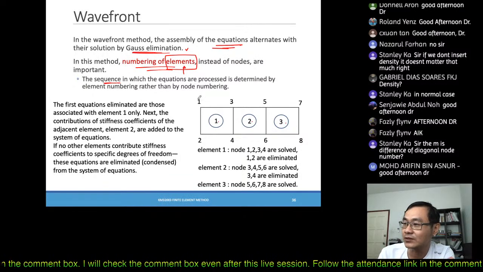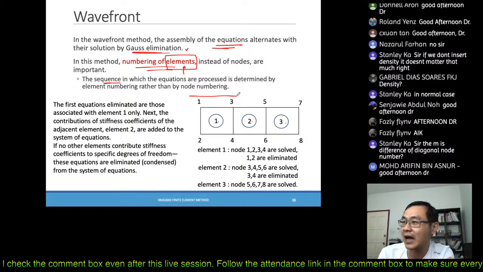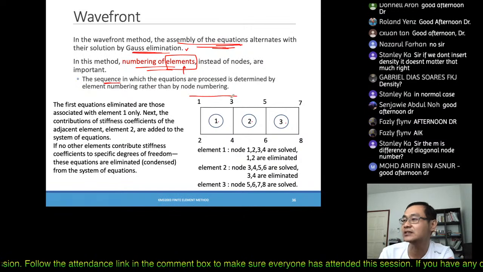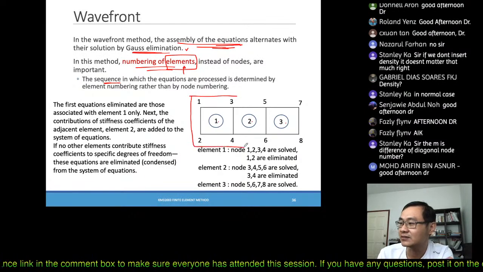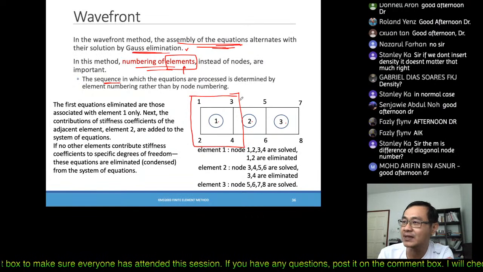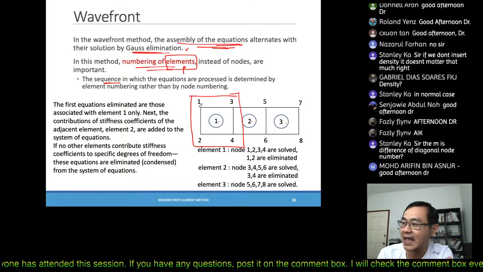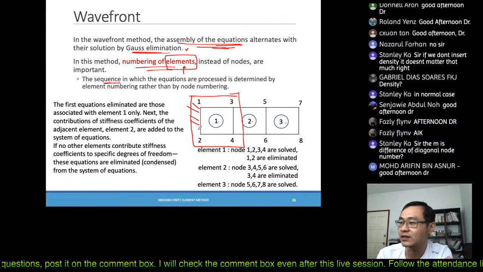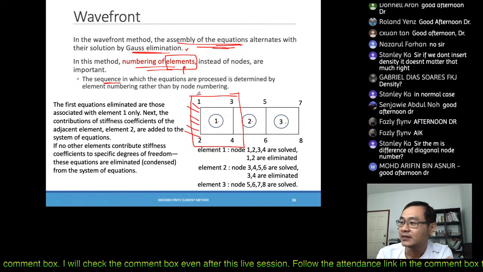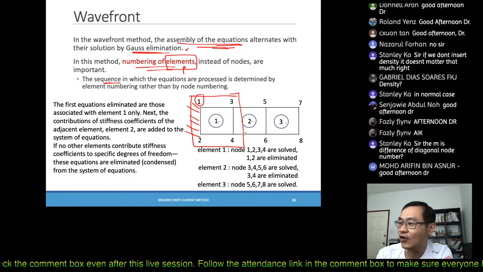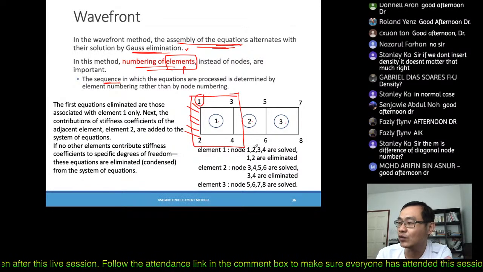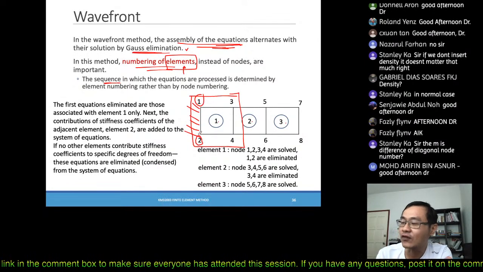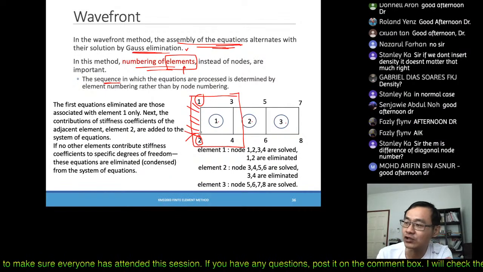When we try to assemble our equations, we will see that for element number 1, this part may be constrained to boundary conditions. Therefore when we try to solve these 4 equations at nodes 1, 2, 3, 4, then nodes 1 and 2 can be solved because of the boundary conditions given.